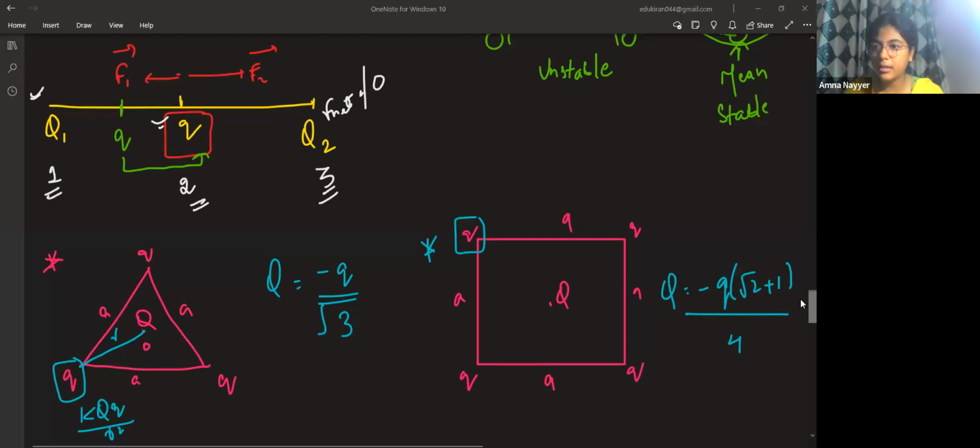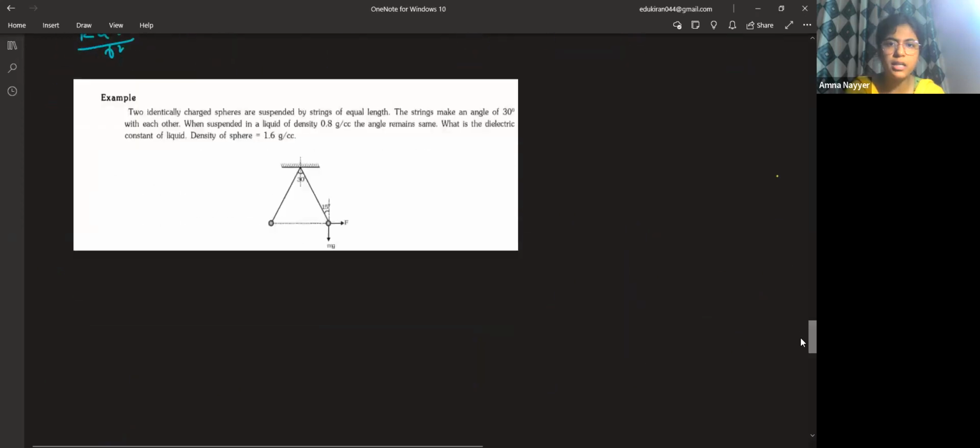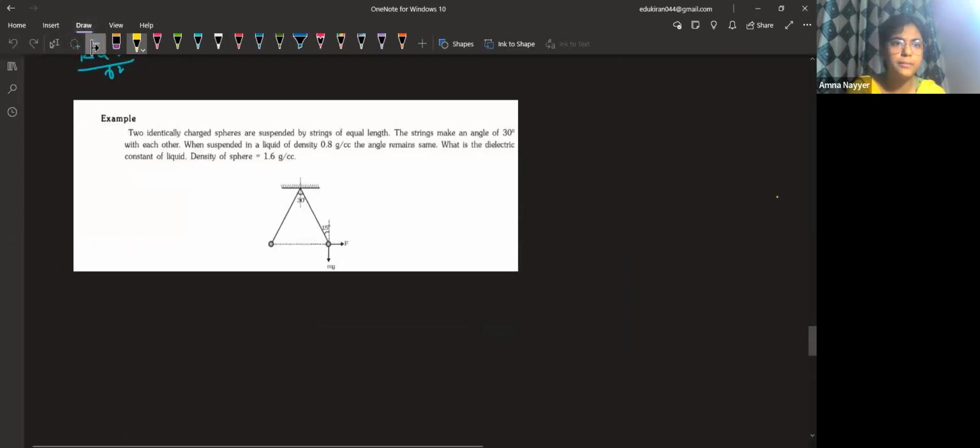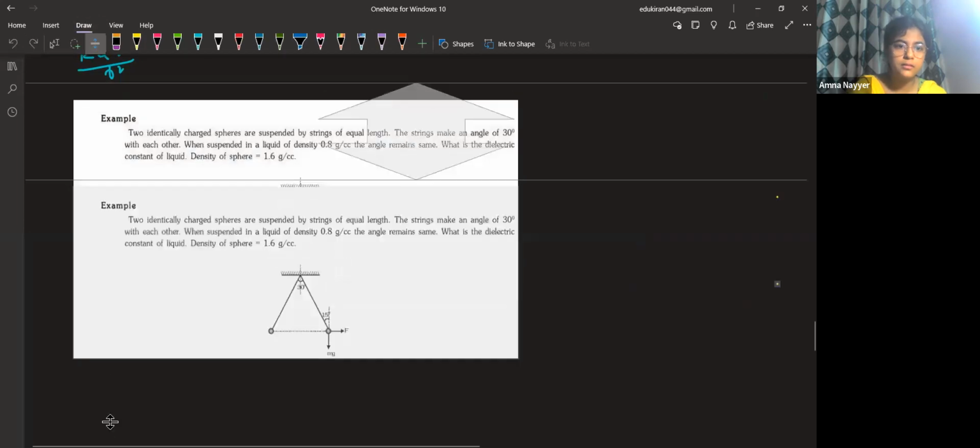One question let us do based on this square, then we'll come to this string question that has been missed here.